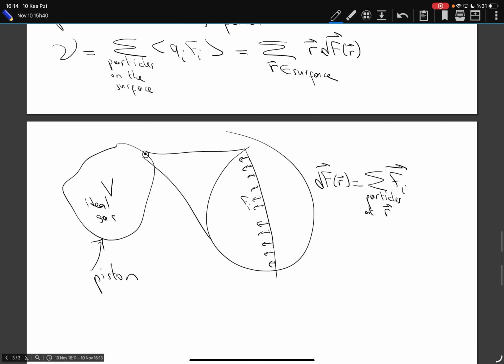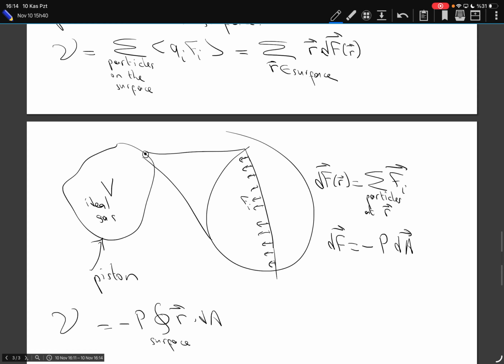Now what I will do is, I know what dF is. dF is minus the pressure times the area, whatever the pressure my gas has. That pressure is the force per area that the gas exerts on the confining box. So the box exerts minus that force. And summing over all points on the surface would be just integrating over the surface. It's a closed surface, r dot dA.